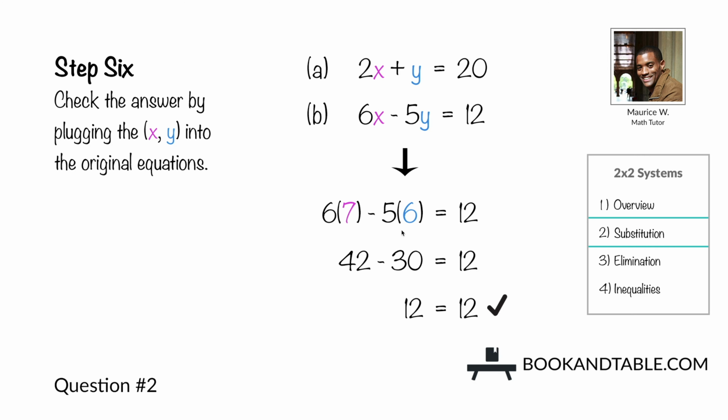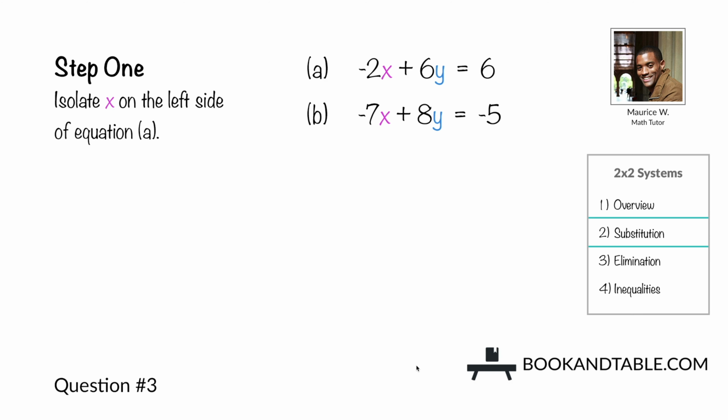And for equation B, 6 times 7 is equal to 42, minus 5 times 6, which is equal to negative 30. 42 minus 30 is equal to 12, thus confirming that x is equal to 7 and y is equal to 6 for both equations.